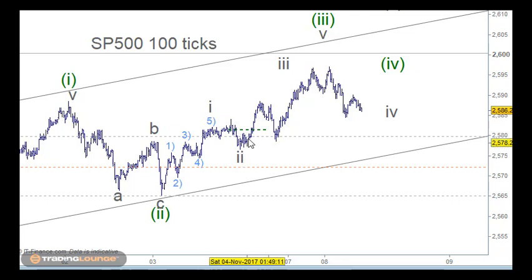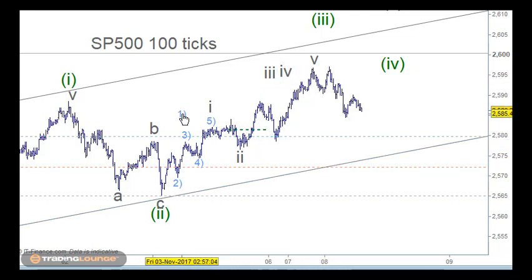But the trouble is this move here is not looking like wave 3, so we can't put wave 3 here and 4 here and 5 here. Well, we could, but it would make wave 3 a little bit short. So I need to reorganize this a little bit.